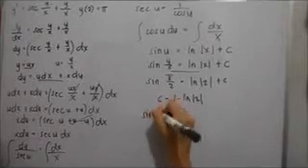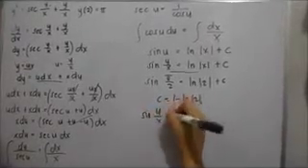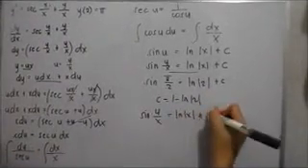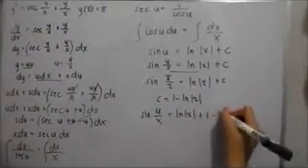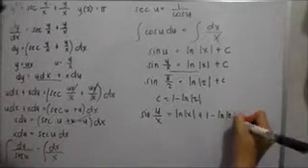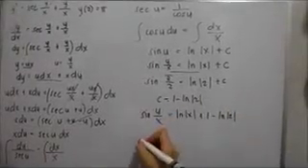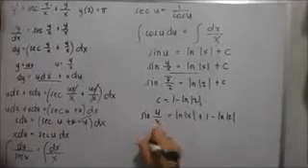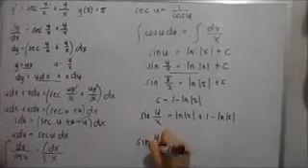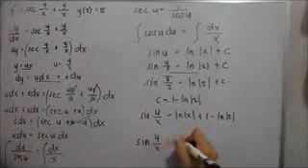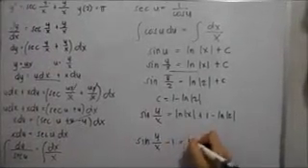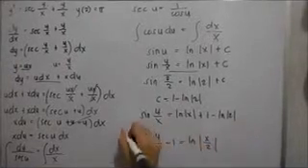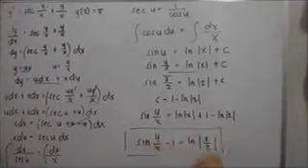Sine of y over x equals ln of x plus 1 minus ln of 2. Then by further simplifying, the final answer is sine of y over x minus 1 equals ln of x over 2. So this is the final answer for the given equation.